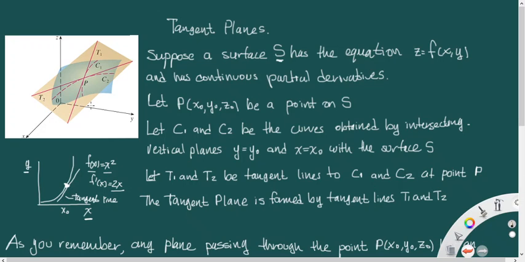Now, once we are clear with that, let a point P, let me change the pen color here. Let's see, this is the point P. And this point P is located at some point x sub 0, y sub 0, z sub 0.